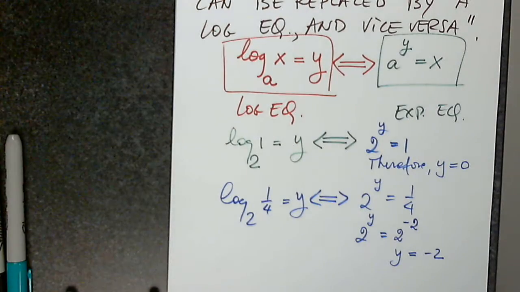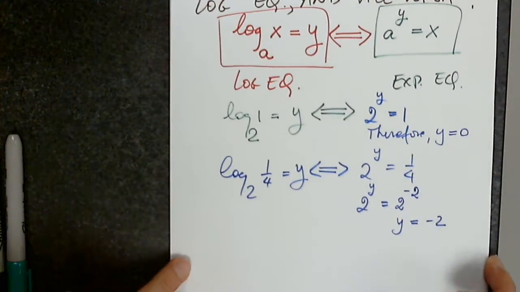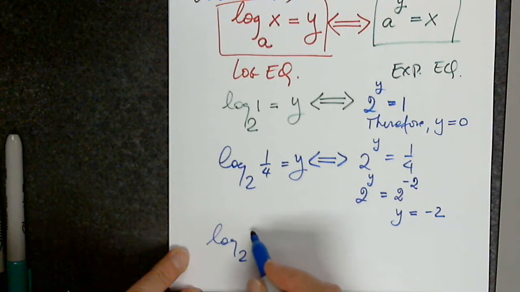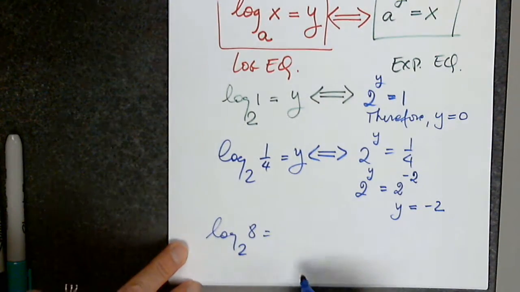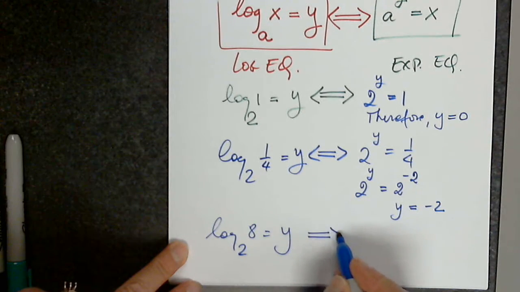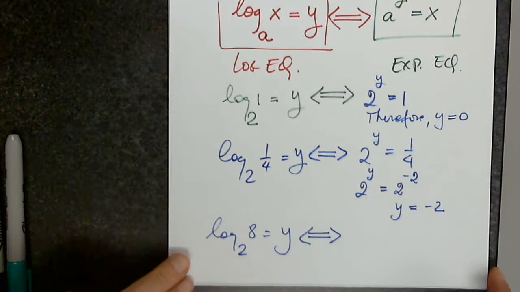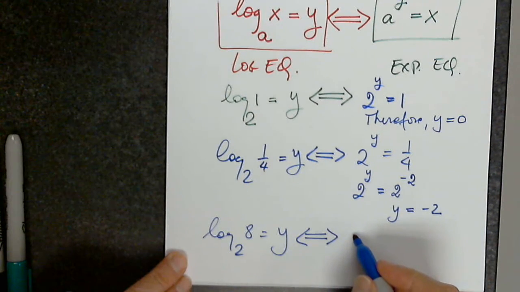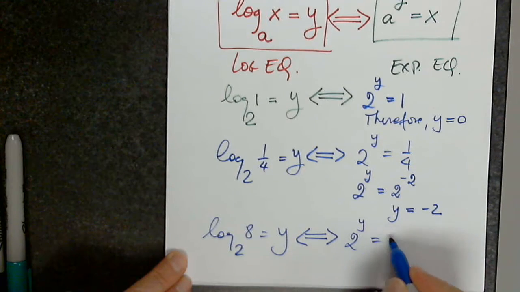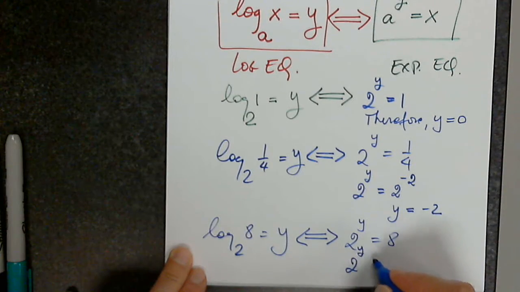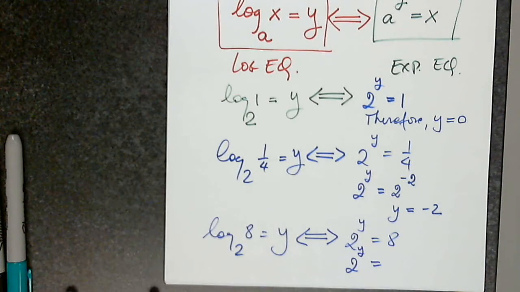Good, one more. We apply now log base 2 to what? 8. Perfect. I have no idea what this is, but I know that I can change it into an exponential equation that I know how to solve. What will that be? Good. Again, both sides have to have the same base, otherwise I can't solve. So the left-hand side is 2 to y. How do I rewrite the right-hand side?